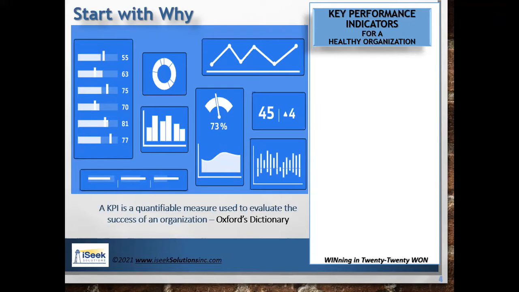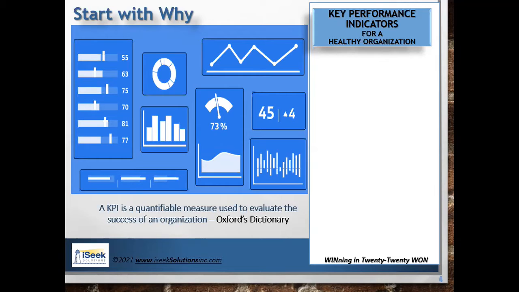We always want to start with that question, why are we doing this? One of the things we see here is that it may be a simple reason that you want to be successful in your organization. And in order to be successful, you have to be able to track, identify, and monitor what success is.